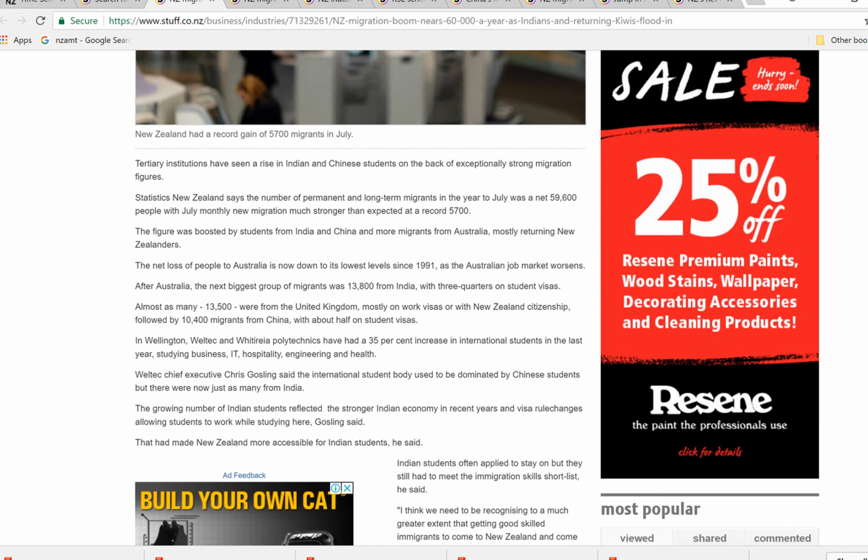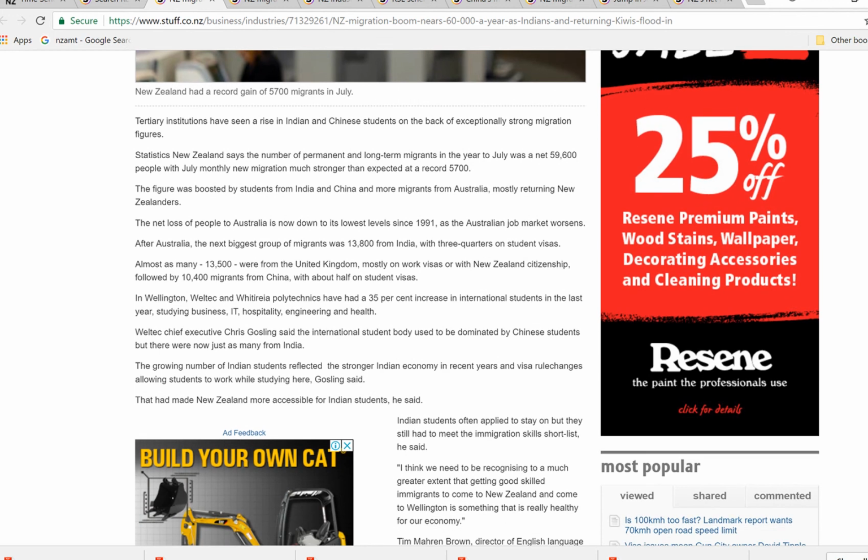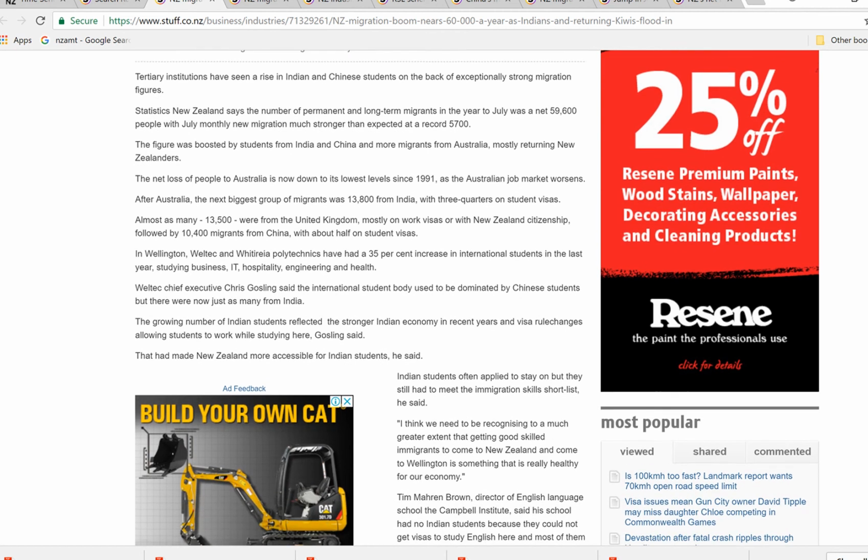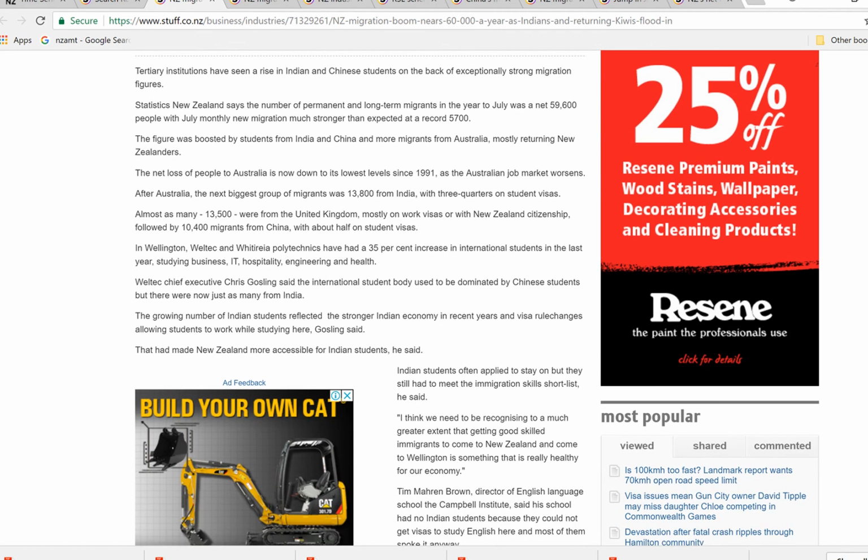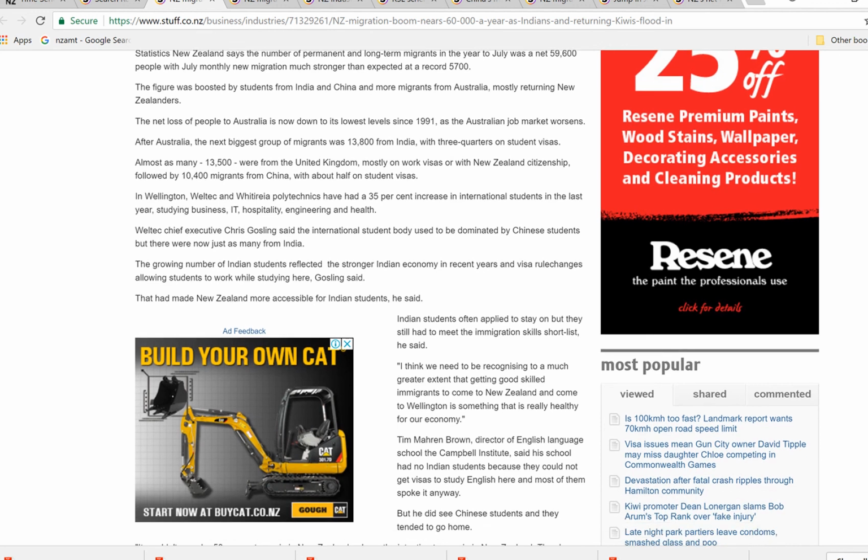Reading further down, it says the figure was boosted by students from India and China and more migrants from Australia, mostly returning New Zealanders. It says after Australia, the next biggest group of migrants, so obviously Australia also had a lot of people migrating to New Zealand as well, was 13,800 from India, with 3/4 on student visas.